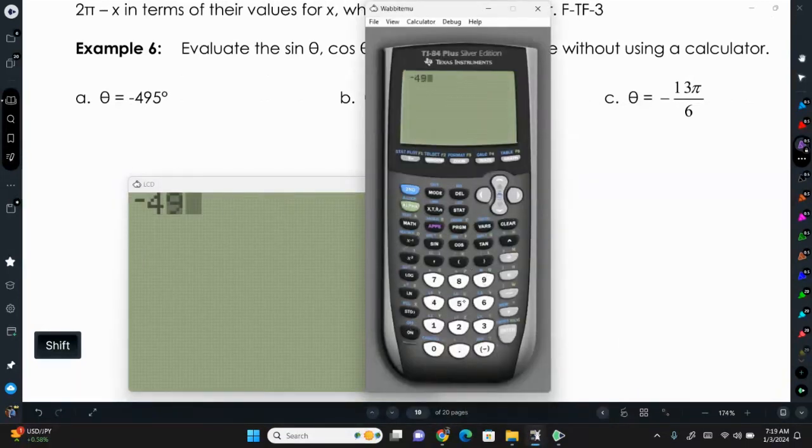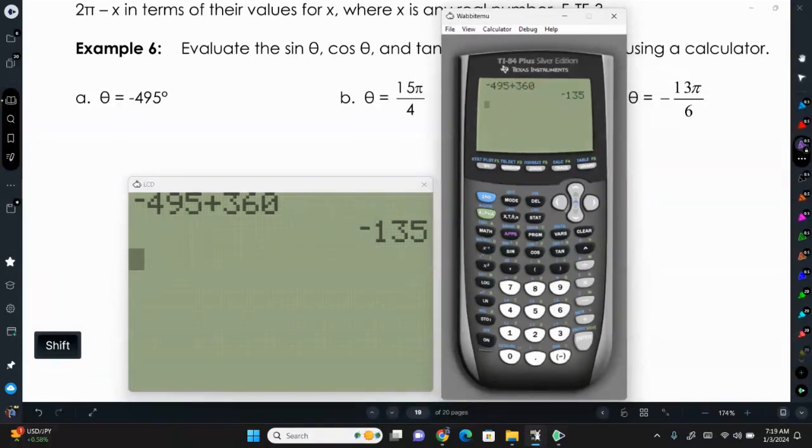Negative 495 plus 360 is going to give us negative 135 degrees. Now, if you know where that is on the unit circle, you could stop there, or if you need to, add another 360 degrees, and we get 225, which is on the unit circle.